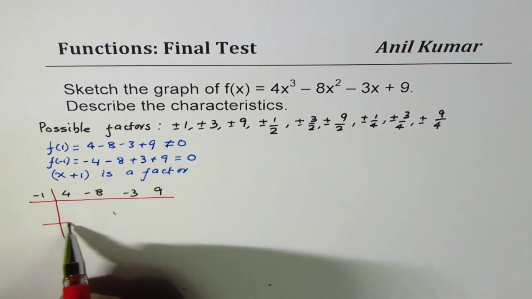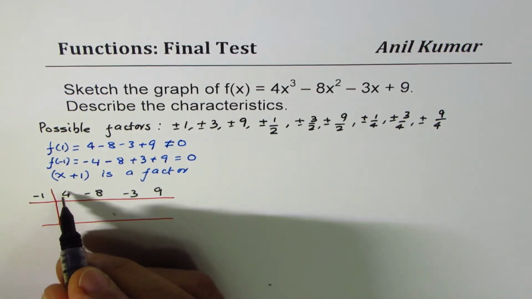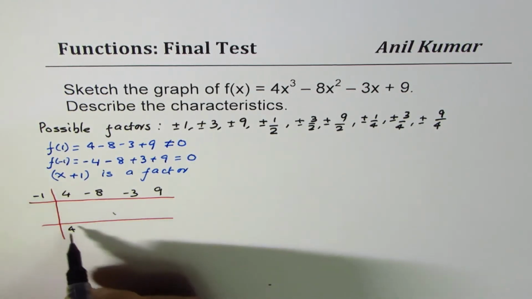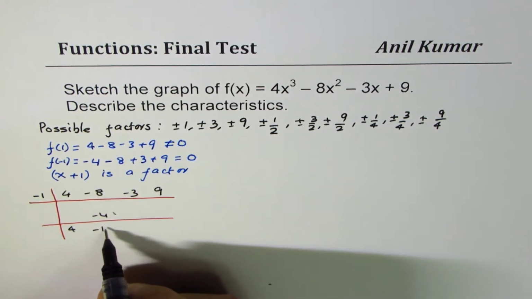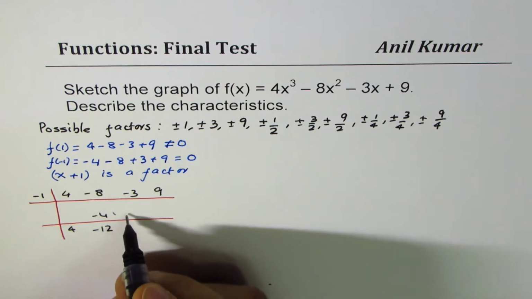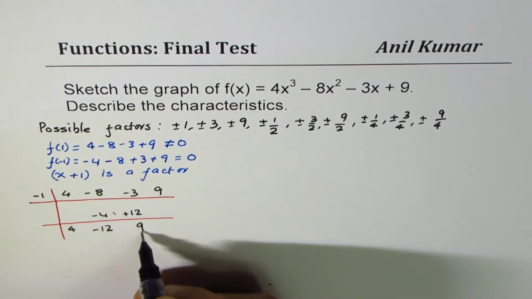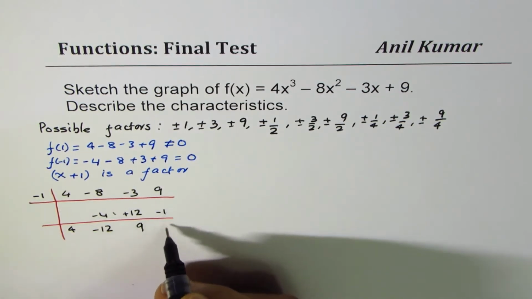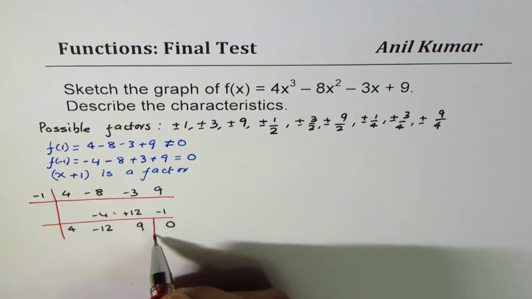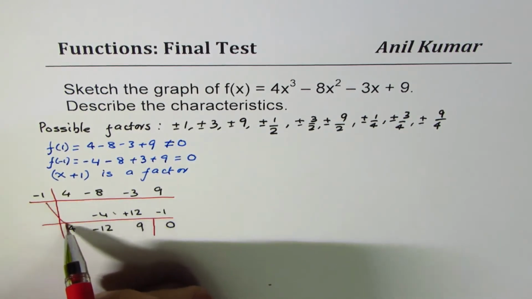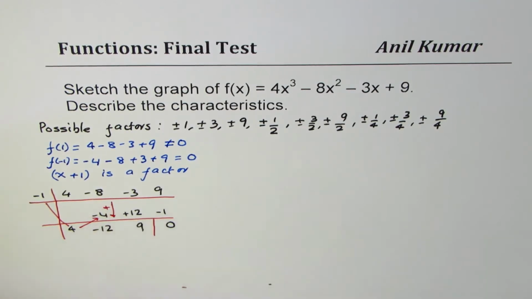The process, as you know, is bring down the leading coefficient, multiply by minus 1, write it there, so we get minus 4, add them up, minus 12, multiply, so we get plus 12, add them up, so we get 9, multiply, get minus 9, and as expected, you get 0 as your remainder. So the process is, you have to multiply and then place it there, and when you go down, you have to add.